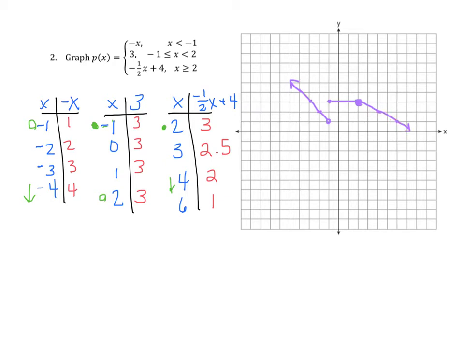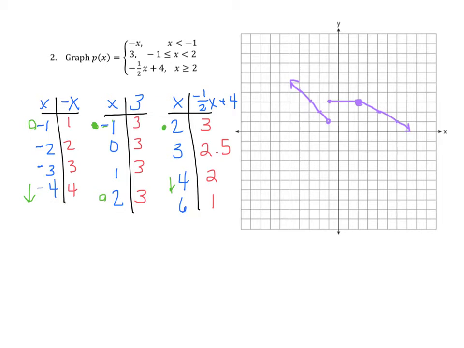And so you end up there with a closed circle at the point 2, 3. Okay, so that's our second graph. We had 3 different rules, 3 different formulas, but as long as we set them up one table each, it's easy and we can get this done. You just have to take your time to set your tables up and then go to the graph.